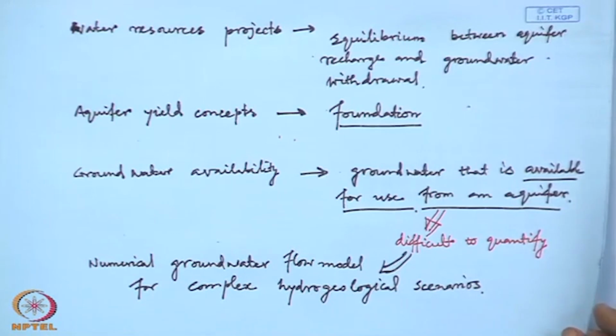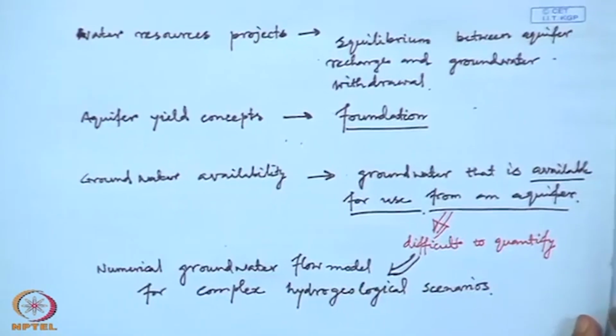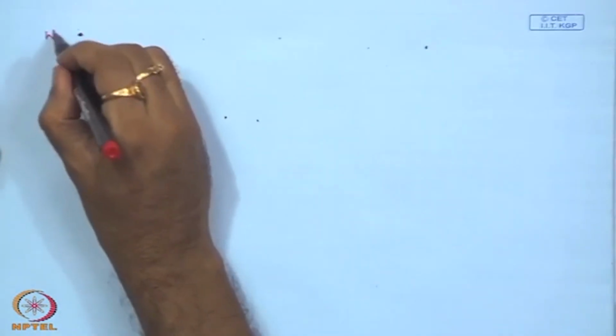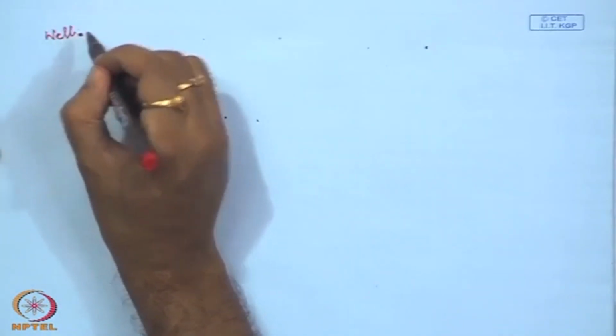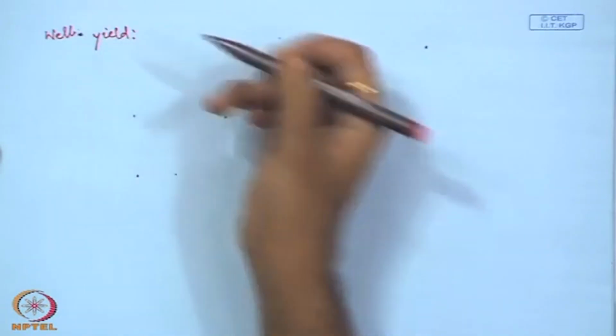So, to quantify the aquifer yield, first we need to define a few terms. First term is well yield.